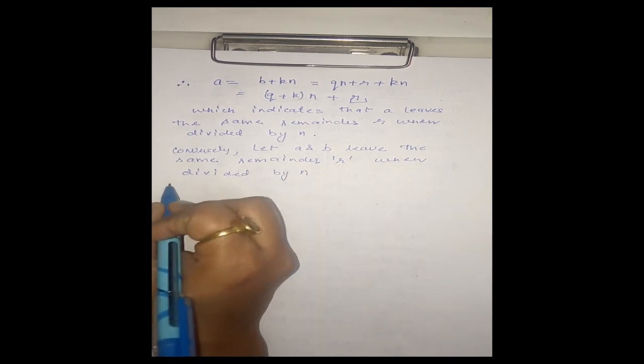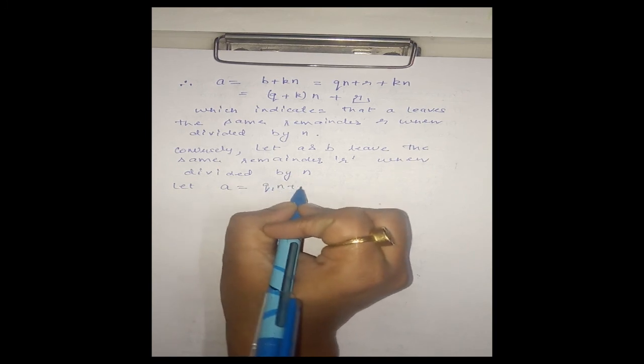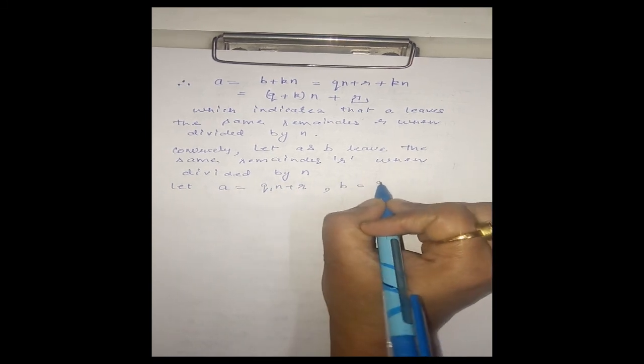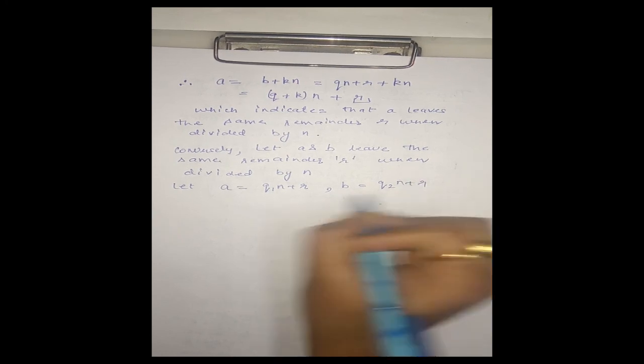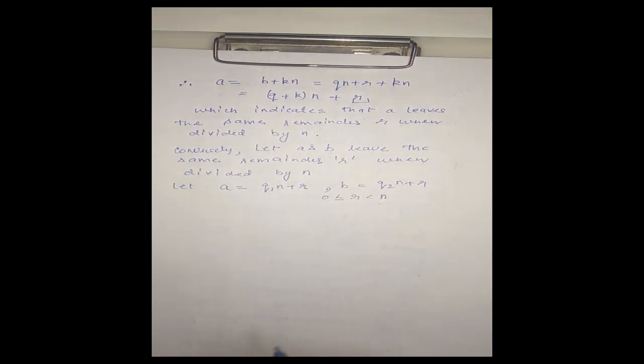That is, we can let a is equal to q1n plus r and b is equal to q2n plus r, where r lies between 0 and n, and r is the remainder, and both a and b leave the same remainder on dividing by n.